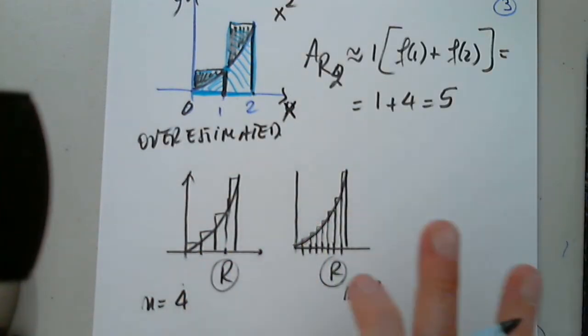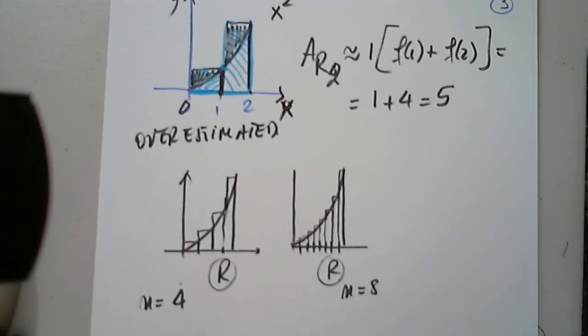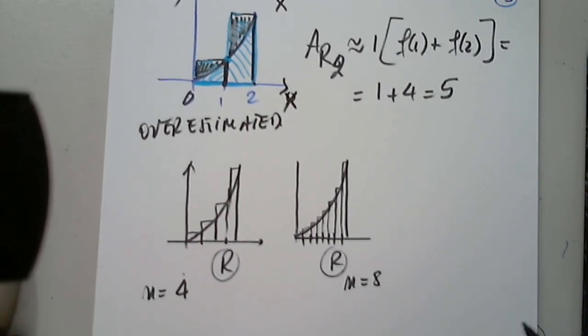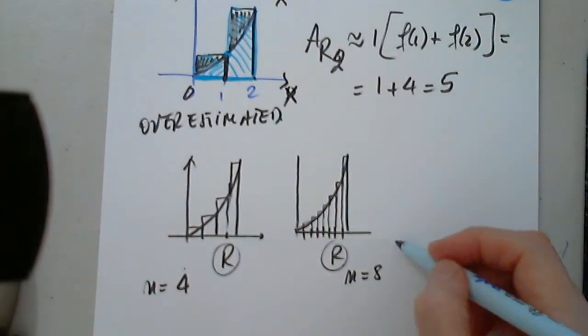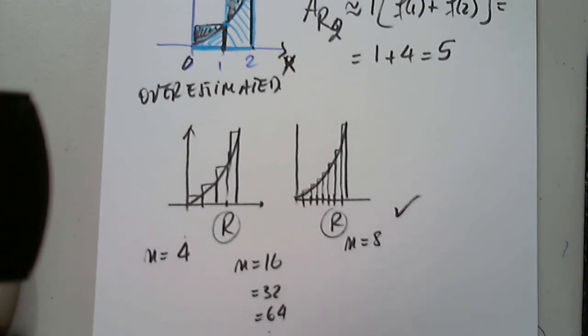Yes, we know they're overestimations. For this function increasing like that, the rightmost point will always be an overestimate. But which one will be a better approximation of the exact area? This one or this one? N equals 8, of course, this will be better. What if I use now 16 or later 32 or 64 and so on and so forth?